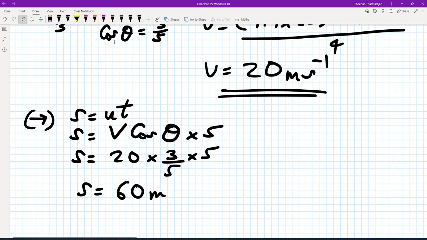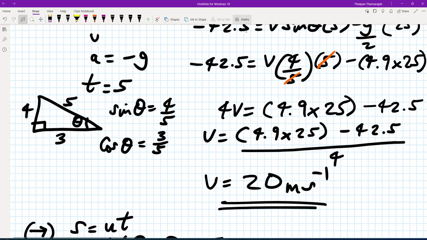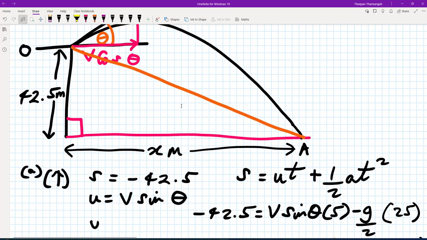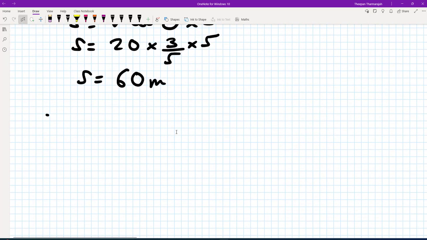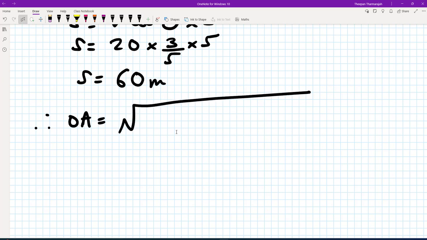So now we can use Pythagoras to work out OA. We're going to do 42.5 squared plus 60 squared and square root it. So let's do that. Therefore, OA is 42.5 squared plus 60 squared. Now just remember, even though the displacement is minus 42.5, we're working out the distance, so it's the length of a triangle side, and we're treating it as 42.5.